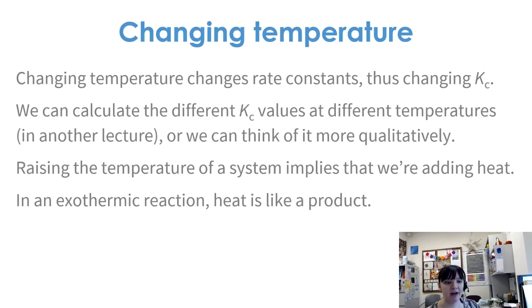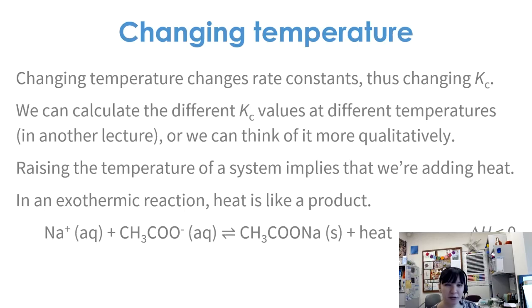So for instance, if I have an exothermic reaction, I think of heat as essentially a product. As a reminder, exothermic reactions will release heat as they progress. And so take for example right here, I have this reaction of sodium and acetate ions reacting to form sodium acetate in the solid phase, and also produced with that is some heat.